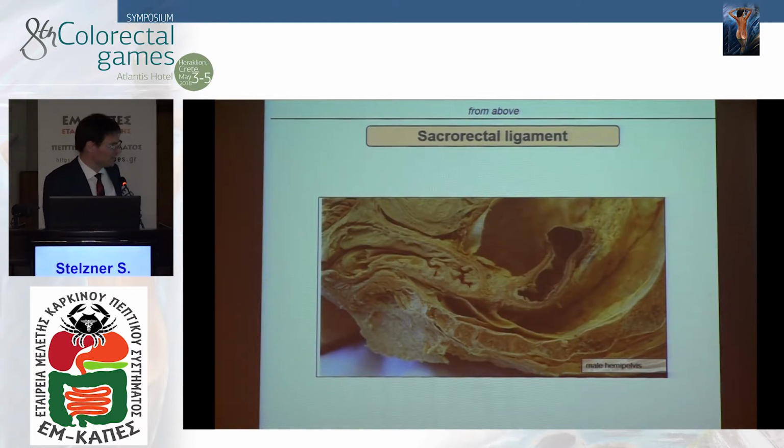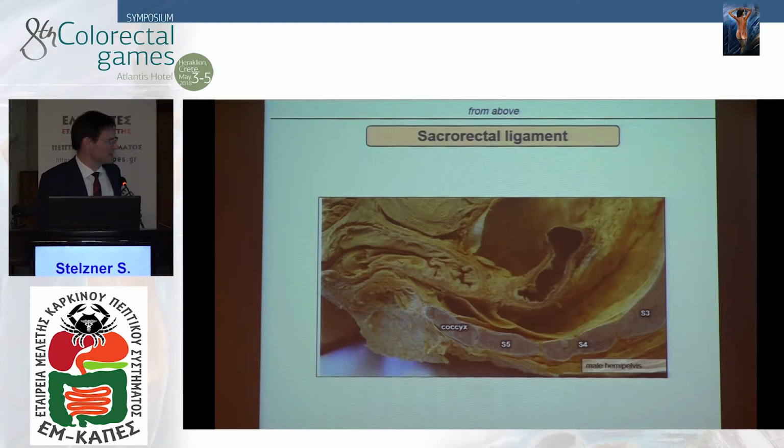But further down, in the posterior midline, these structures merge to a connective tissue band which stretches out from the sacrum, in this case from the fourth sacral vertebra, and runs in the direction of the rectum.